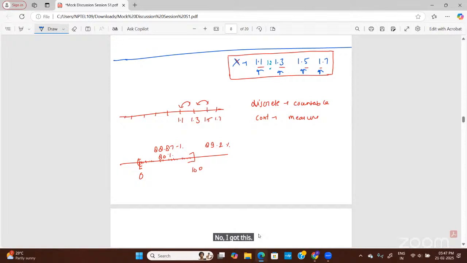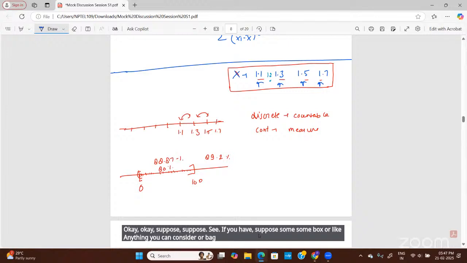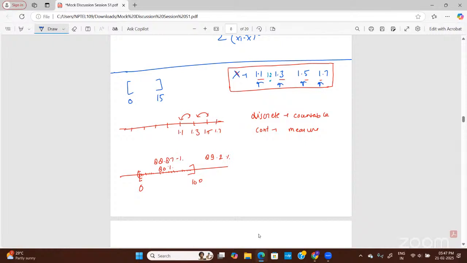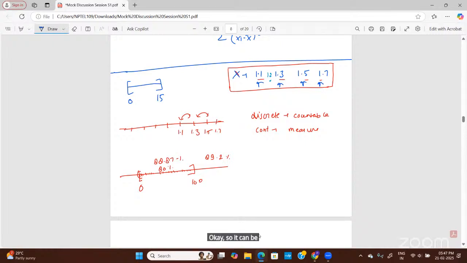Suppose you have a box or a bag which can take only 15 kg. It can take any value between 0 and 15 kg; it is not a fixed value.